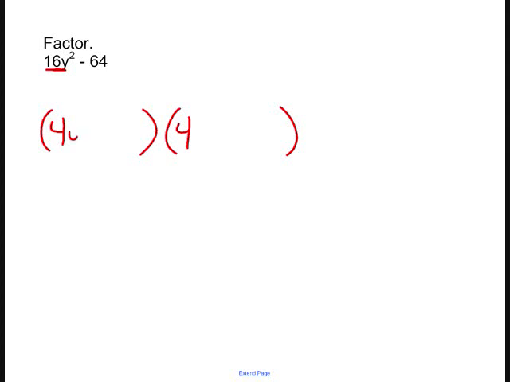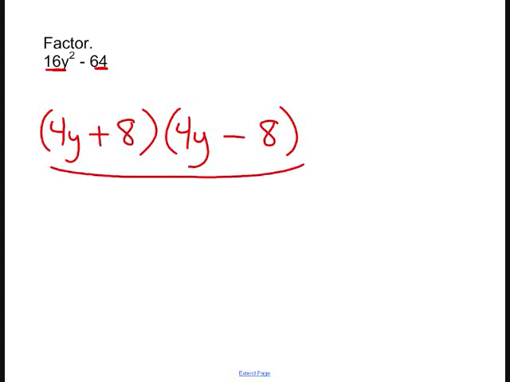Y squared would be y and y. So 4y and 4y make 16y squared. Then I have to look at the second one. And so this one is 64. What times what makes 64? Well, that would be 8 and 8. And then once we have those, one of these gets a plus, one of these gets a minus. And once again, it does not matter which.